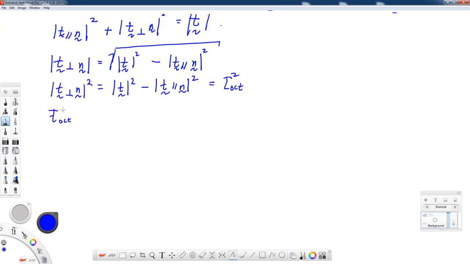Tau octahedral squared is equal to the magnitude of t squared, which is a third, sigma p1 squared plus sigma p2 squared plus sigma p3 squared, minus magnitude of t parallel to n squared, which we just said was 1/9, sigma p1 plus sigma p2 plus sigma p3, that quantity squared.